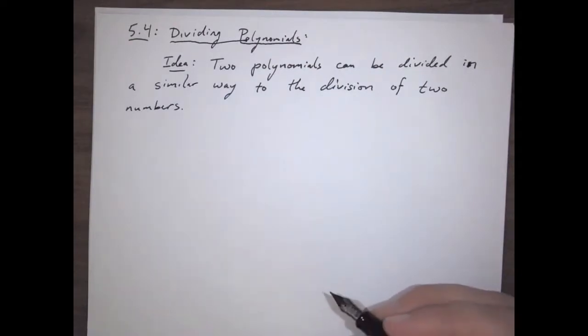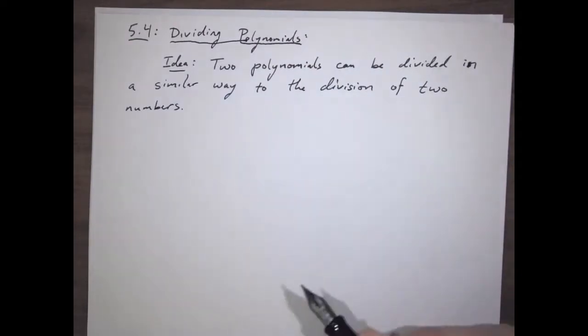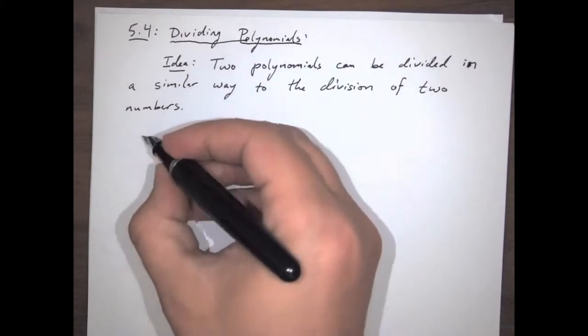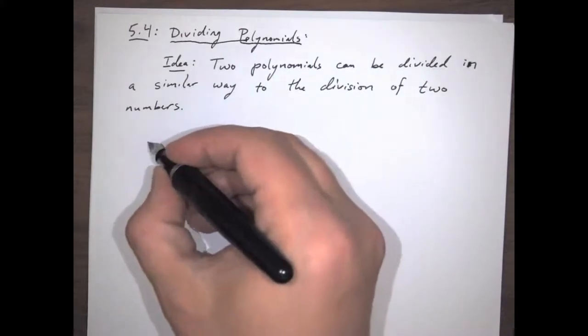So division is a thing that you can do with numbers, but you can also do it with polynomials, and we're going to look at how we can accomplish that and how we can use that.